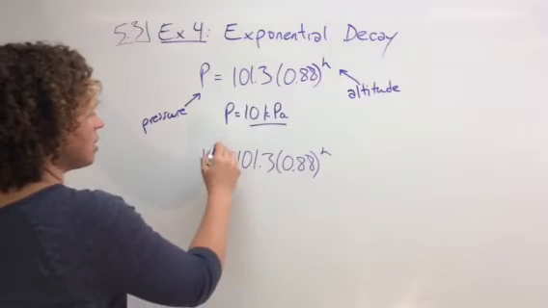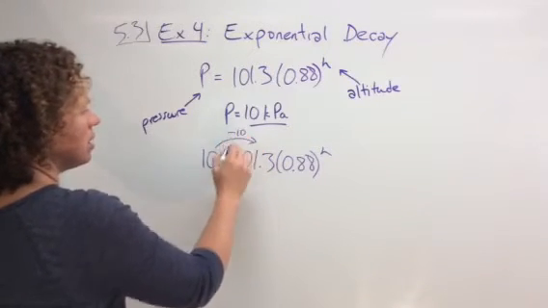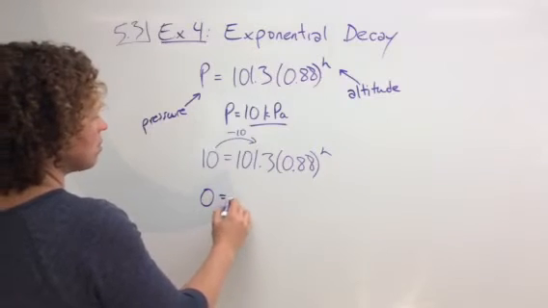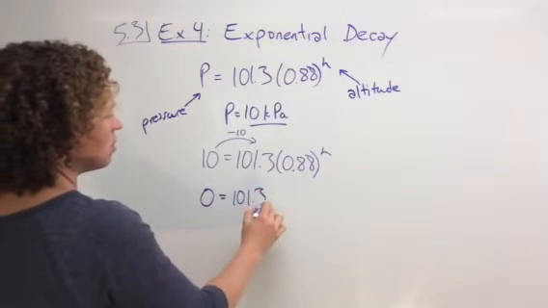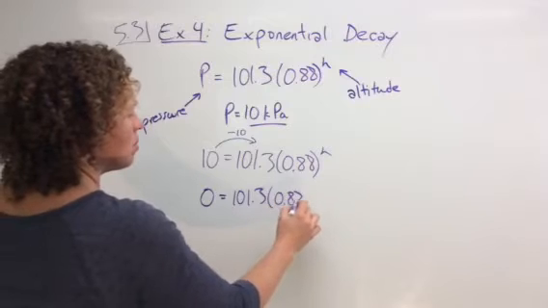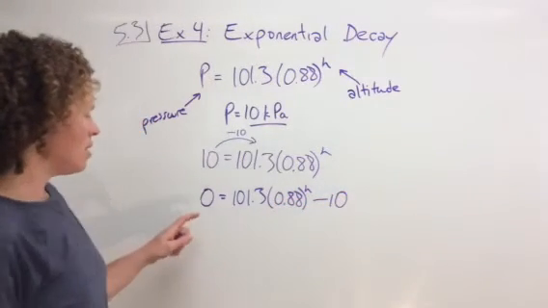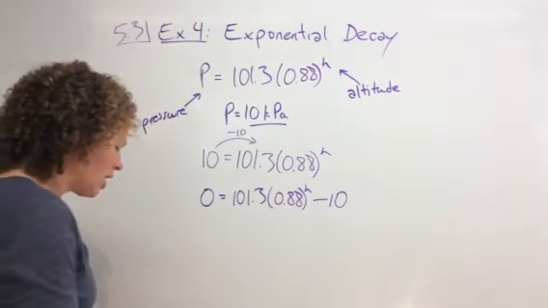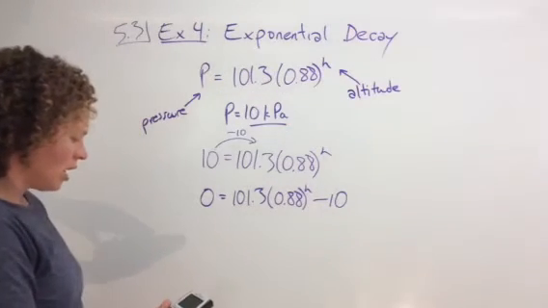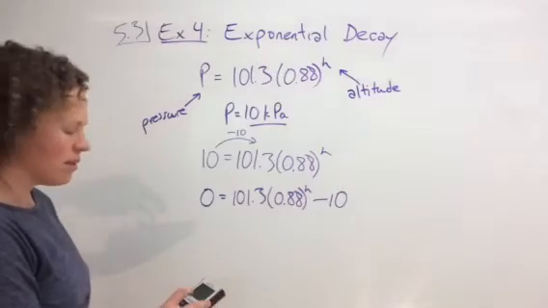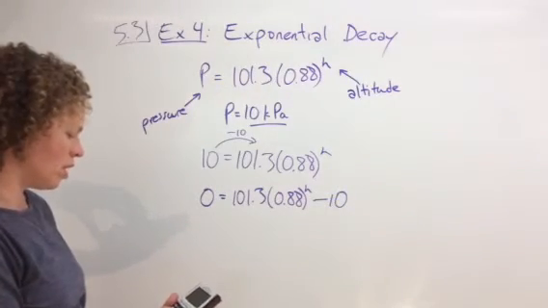But what I can do is I can take the 10, move it over there as a negative, and I can have this whole thing equal to 0. So 101.3 times 0.88 to the power of h minus 10. And since I made it equal to 0, I can use my graphing calculator and I can turn it on first. I always forget that part.